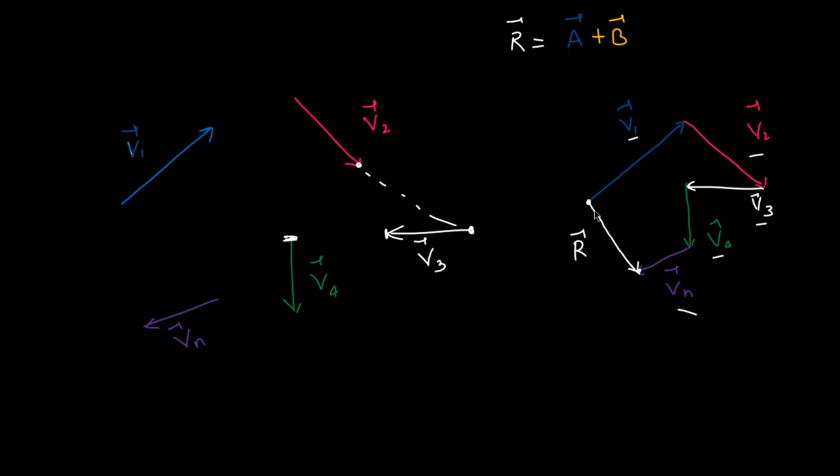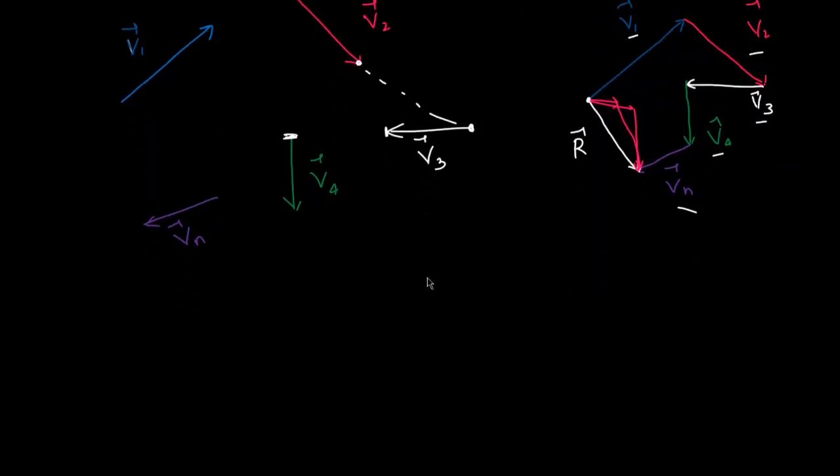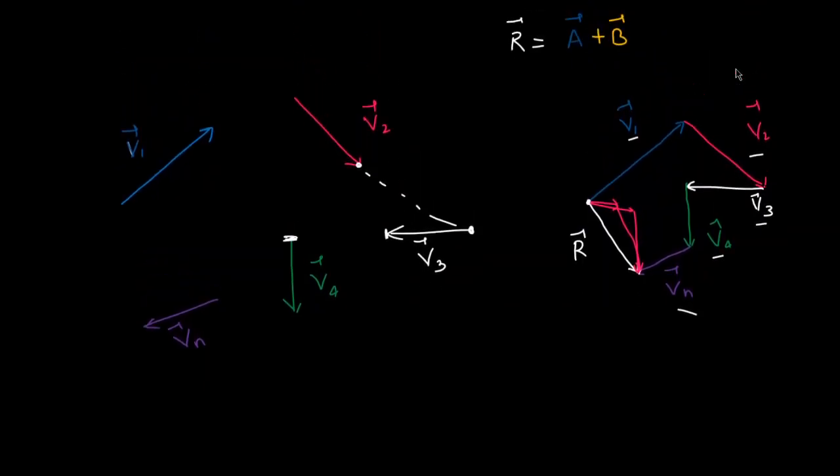There could be infinitely many vectors that would add up to give this resultant R. Even with just 2 vectors adding, there are infinitely many, and with increasing number of vectors, that number just skyrockets. But as long as you are arranging these heads and tails together, the path really doesn't matter. You can do that in any way as long as you're parallelly translating.